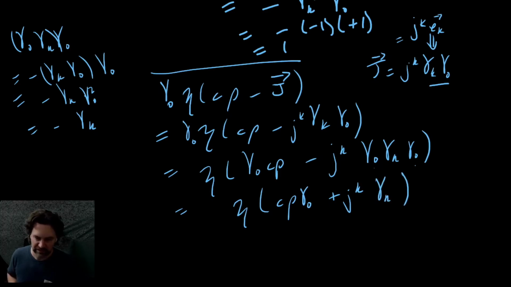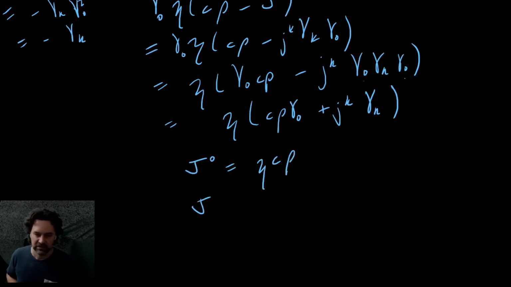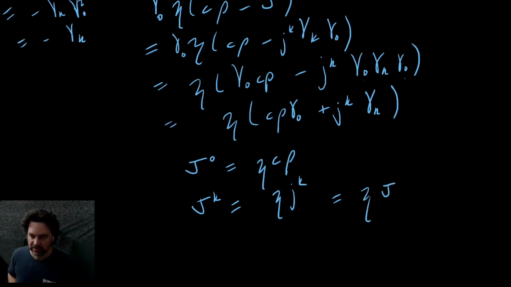What do you know? We have something that looks a whole lot like how we would represent any 4-vector, provided we make the identification. J naught is eta c rho, and jk for any k equals 1, 2, 3 is eta jk. So this is really saying that it's eta times j dot ek.